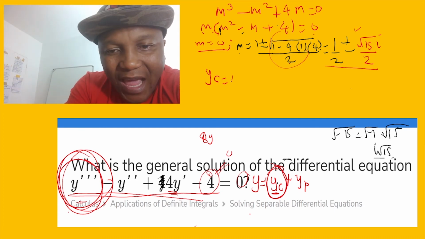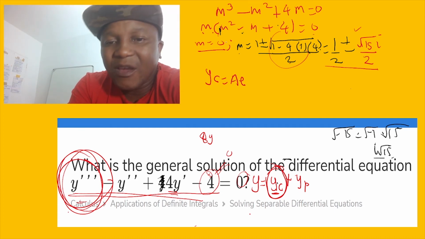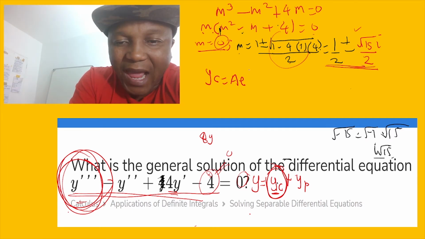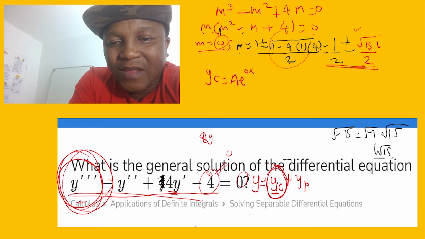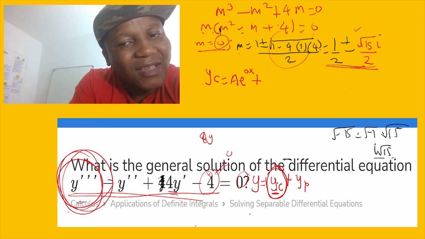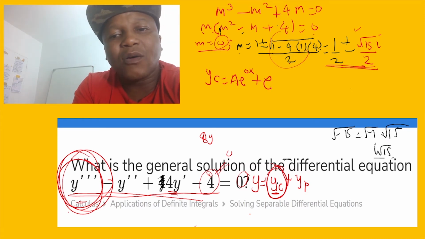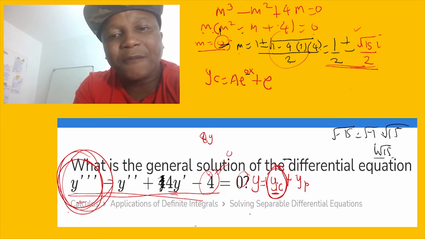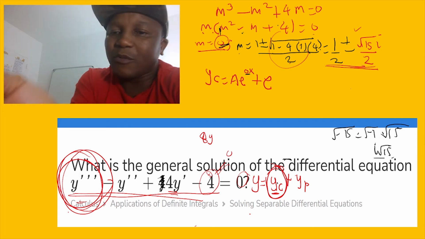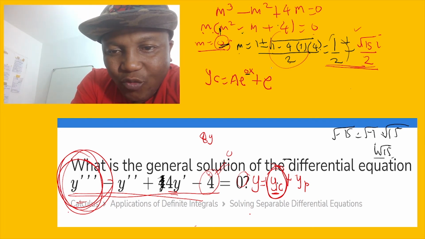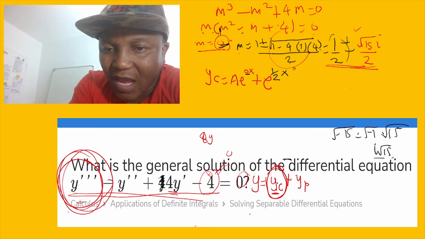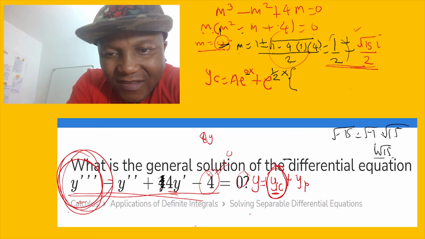So you're going to say A e to the power of your real root here, the one with no complex part, which for this case is 0, times x. And then plus, and then now write your e, a half x. You write your half here, and then write x. Then you open your bracket.